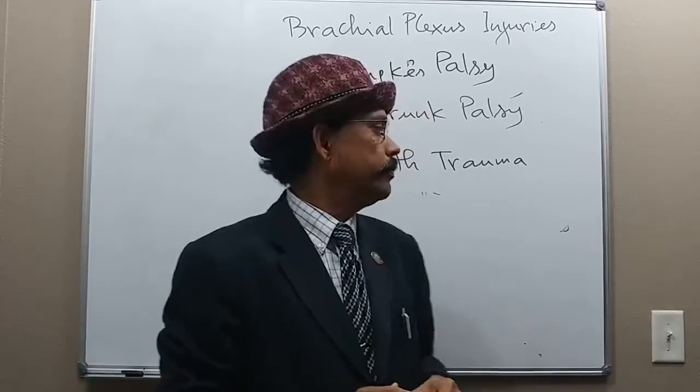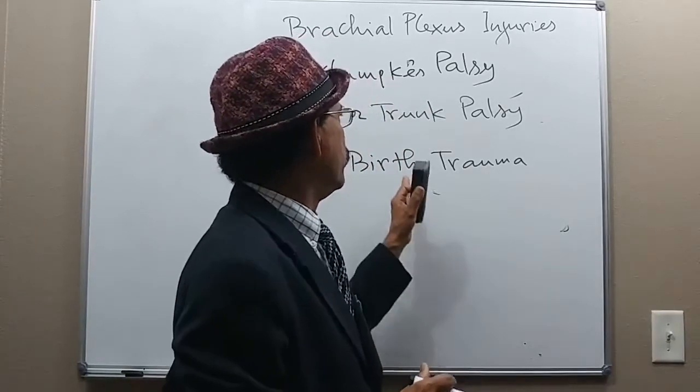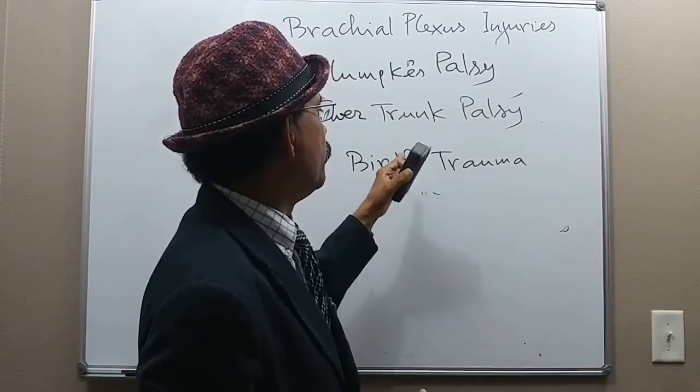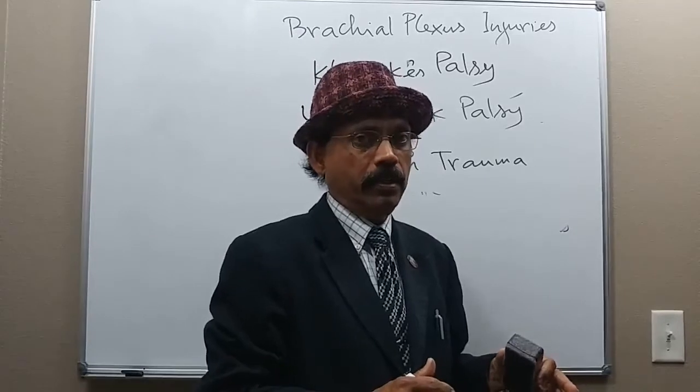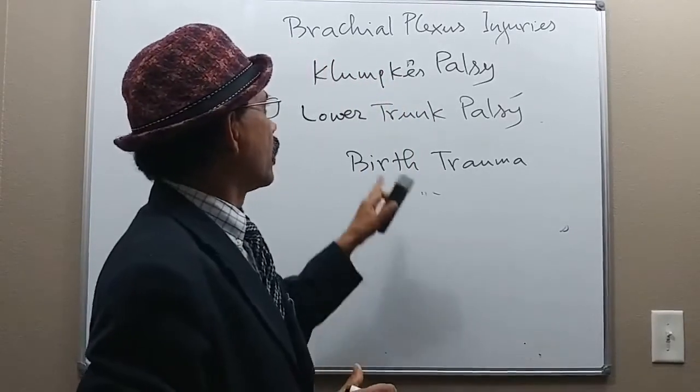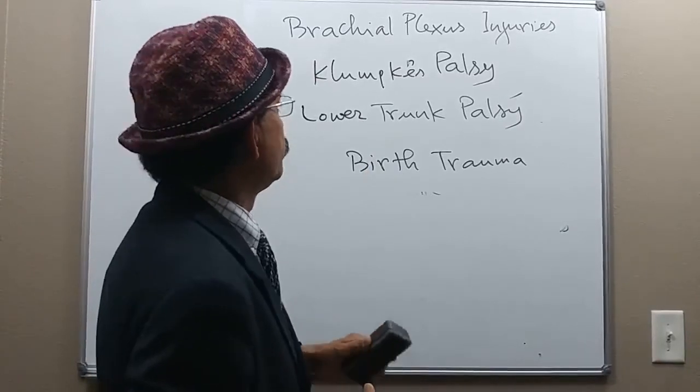presentation. Okay, so especially in difficult breech presentation of the baby, pulling by hand of the baby may lead to Klumpke's paralysis.